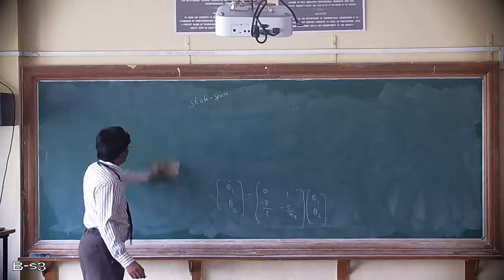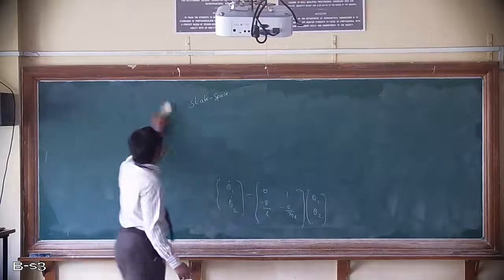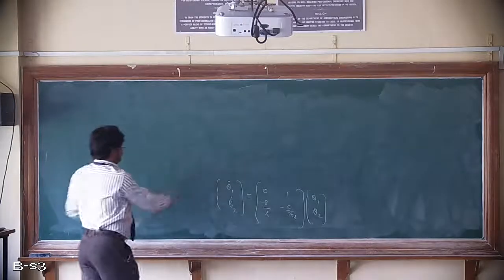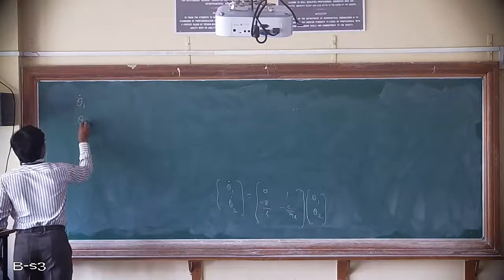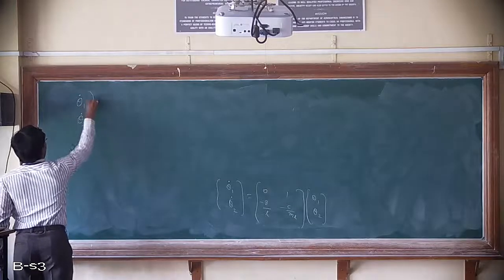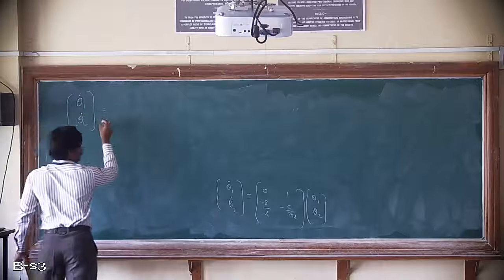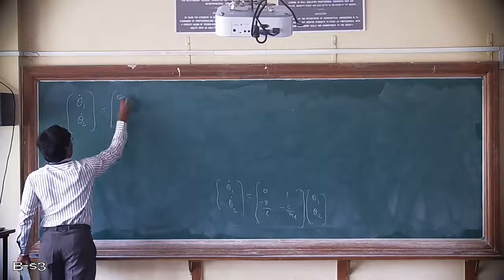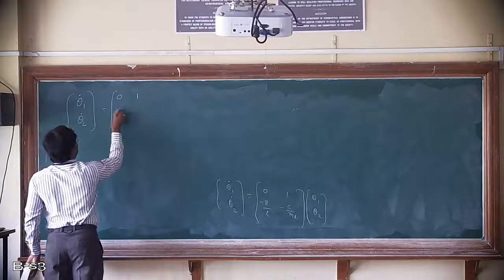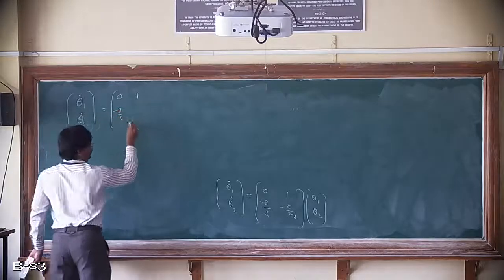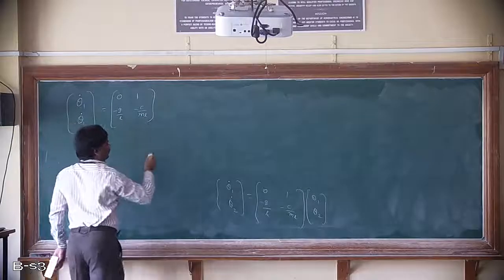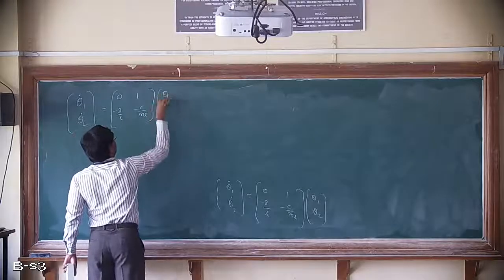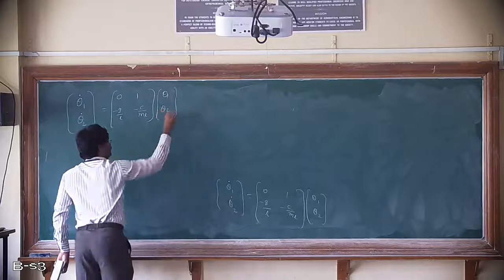Theta 1 dot, theta 2 dot is equal to 0, 1, minus g by L, minus c by ml, into theta 1, theta 2, right?